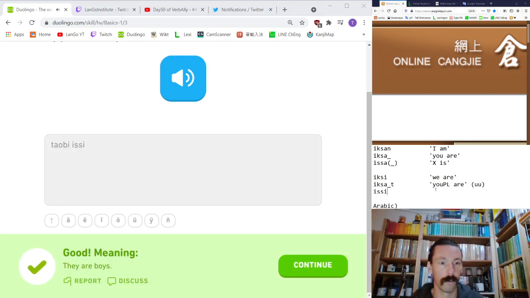Let's set that in stone. They are. And another way I might write this would be XX for plural. Single X singular. Here I might just do U to save a little time and space. Taubi isi. So those rhyme nicely with the plural. Iksi isi.